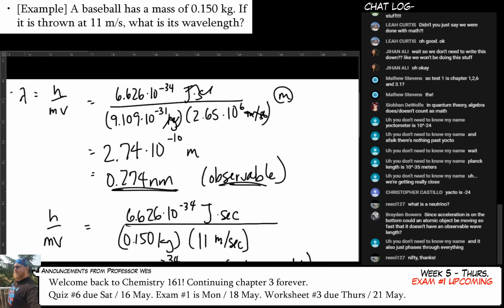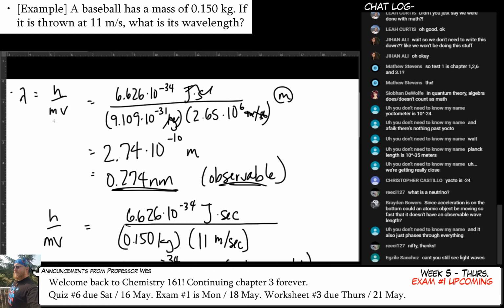Yeah, so if you accelerate something super fast, its wavelength should go down. Remember, there is a speed limit, though. You can't go past the speed of light. And this number that I put in here was remarkably close to the speed of light. It was 1% of the speed of light. 1% of the speed of light in the grand scheme of things is remarkably close.